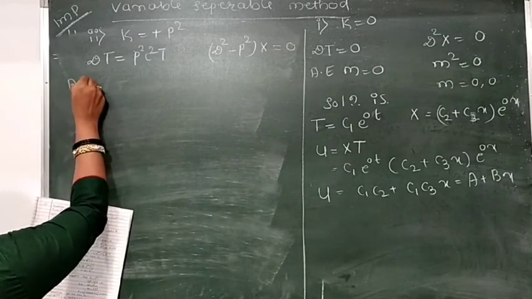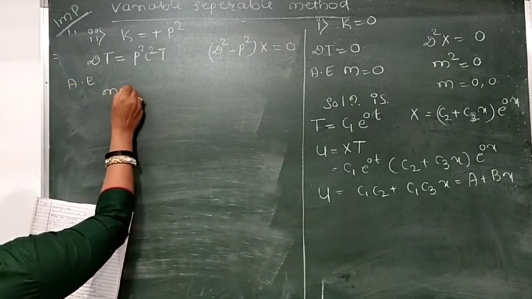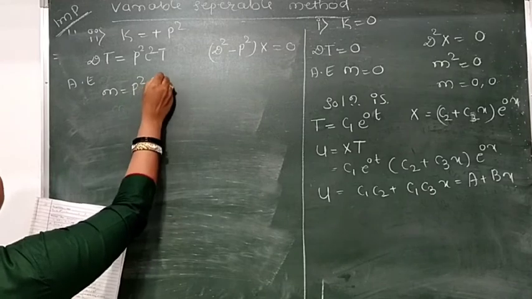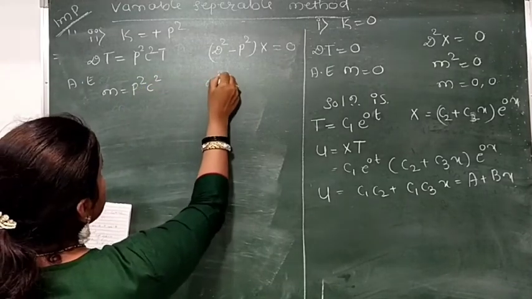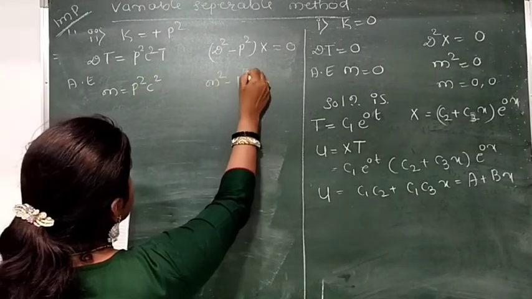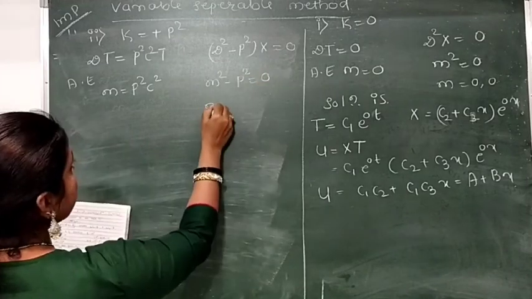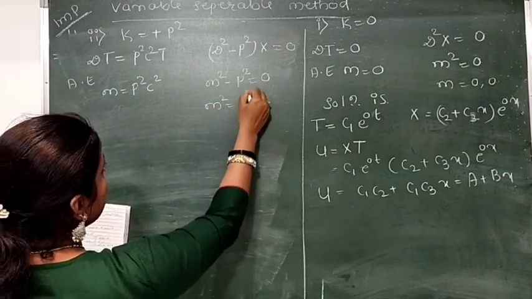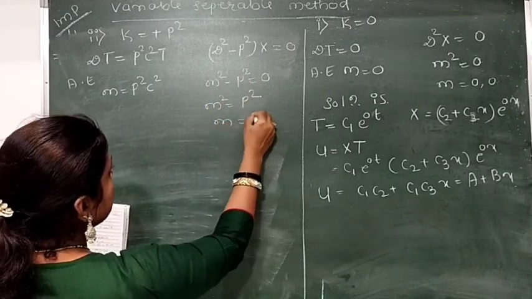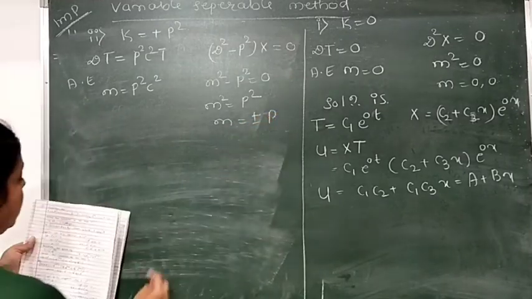Here take the auxiliary equations: m = p² c², and here m² - p² = 0, so m² = p², m = ±p.